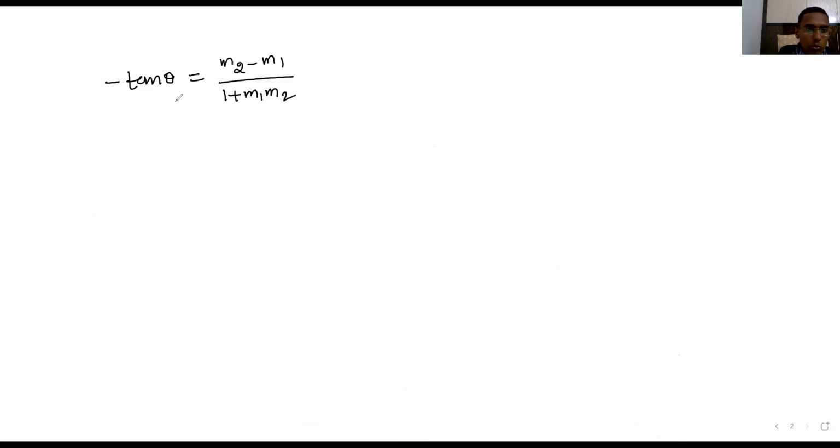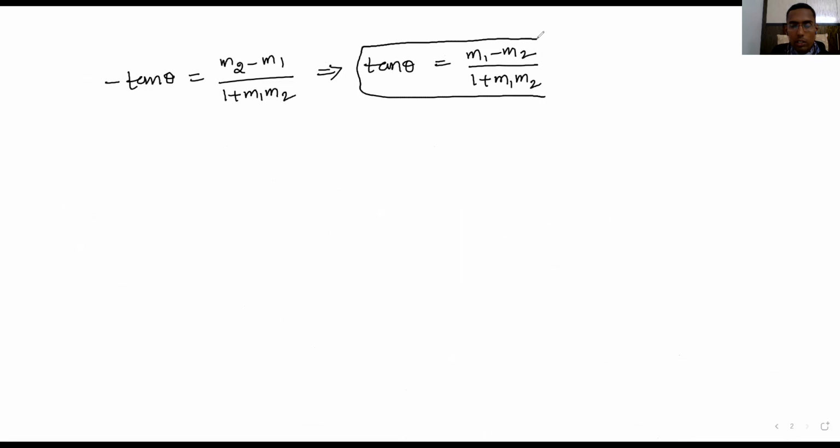If you multiply both sides by minus, you get tan theta equals M1 minus M2 by 1 plus M1 M2. If theta is the angle between two lines, this is the relation.